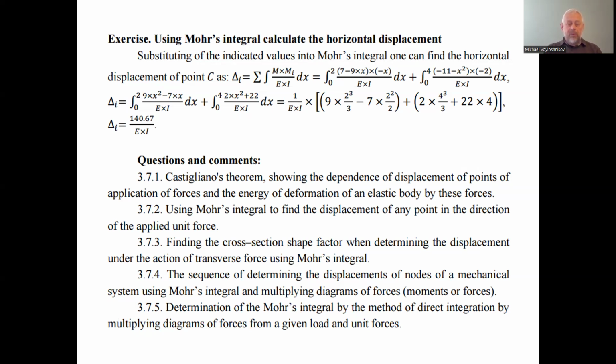But we have to account as well the so-called shape factor.